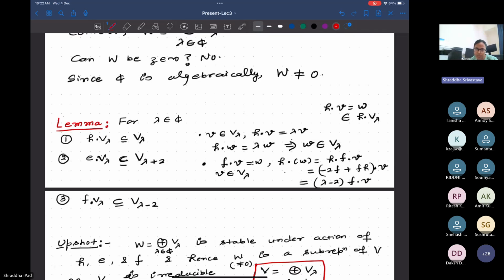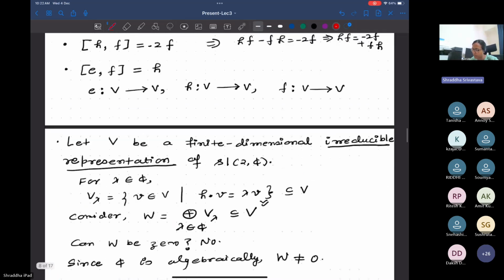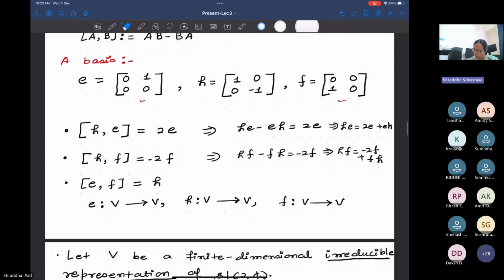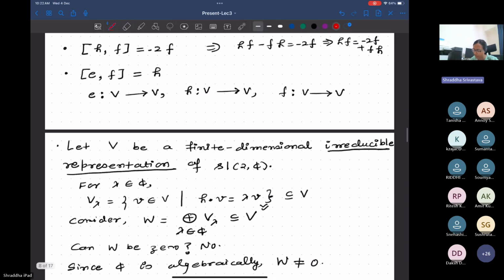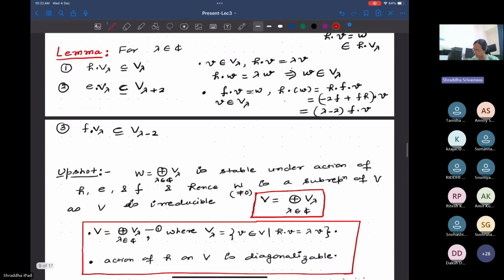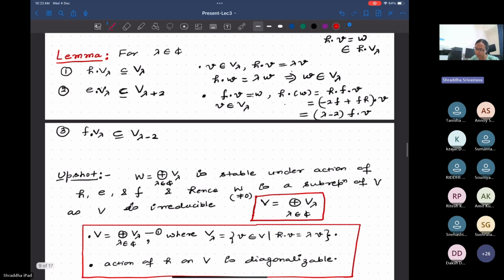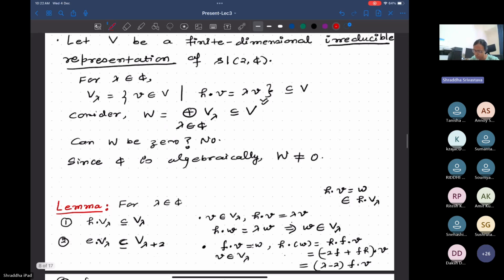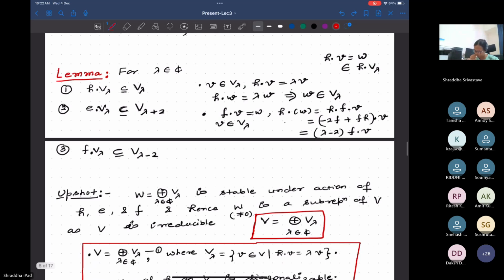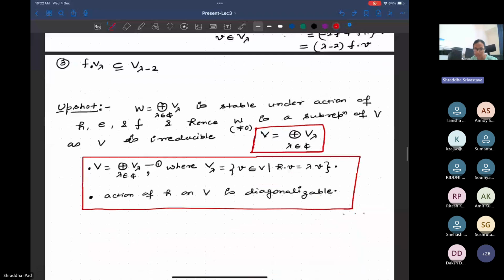At least characteristic 2 you must avoid, because 2 is really bad, and a lot of things will change. Anyway, if that was the question, I will say first let's understand everything over C, and then you can ask yourself, if I drop this, then what happens? Of course, if you're working with an arbitrary algebraically closed field, you can have some of these things.